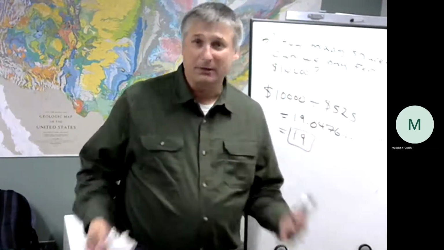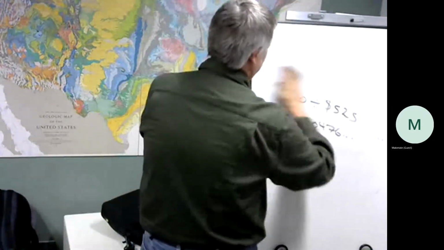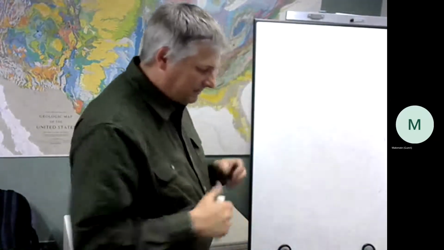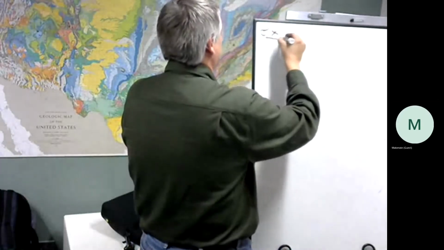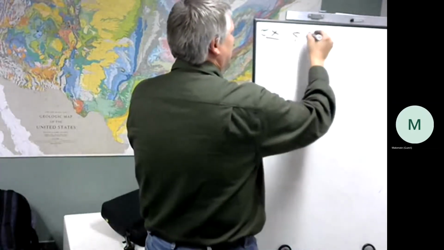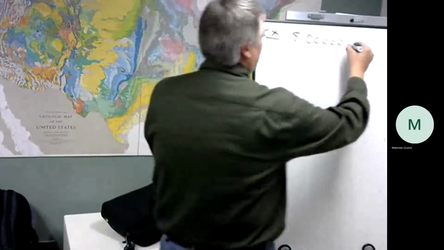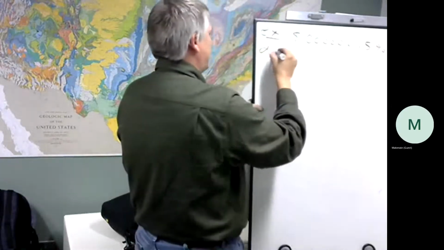Well, the last thing I want to do is go through an example with home ownership, 11.5. And so the idea here is this. Let's say we have a piece of property that's $100,000. There's a 15% down payment.